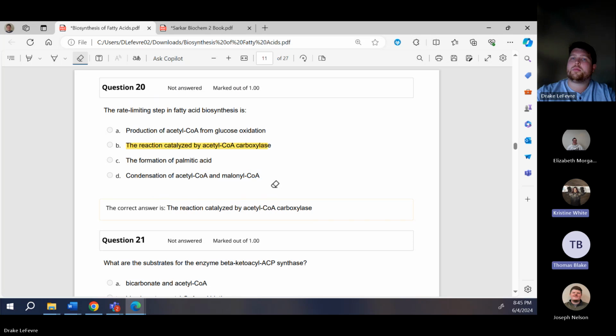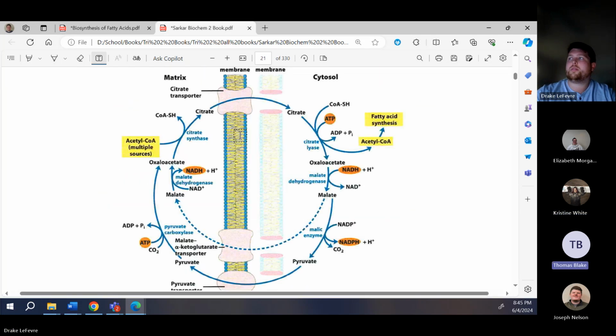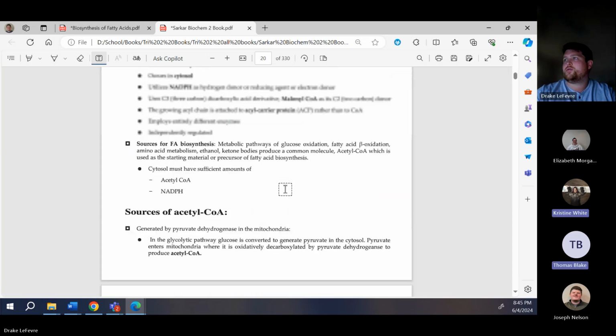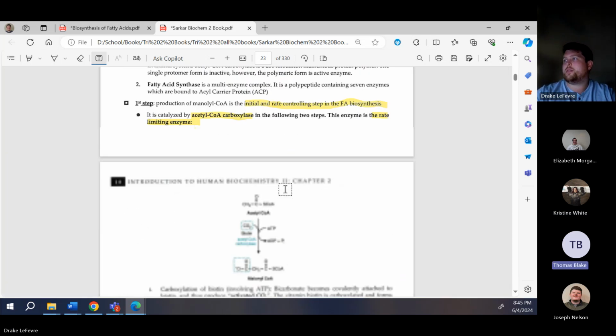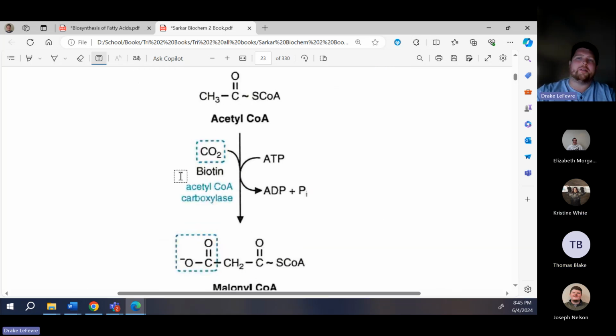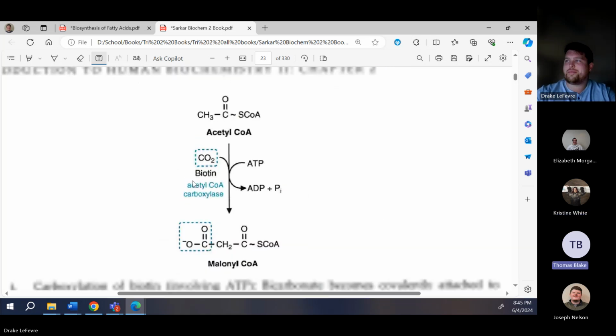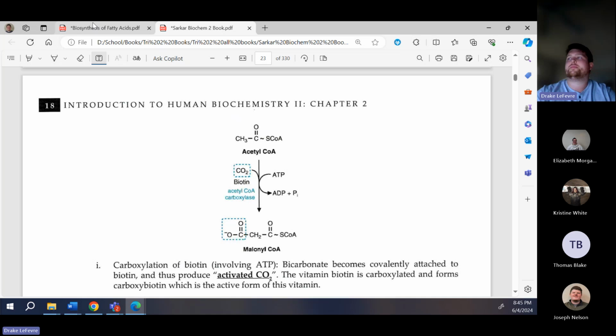FAD? FAD plus? No. NADPH. I don't remember. Biotin. Okay. We use ATP, biotin. CO2 goes in there as well. All right.